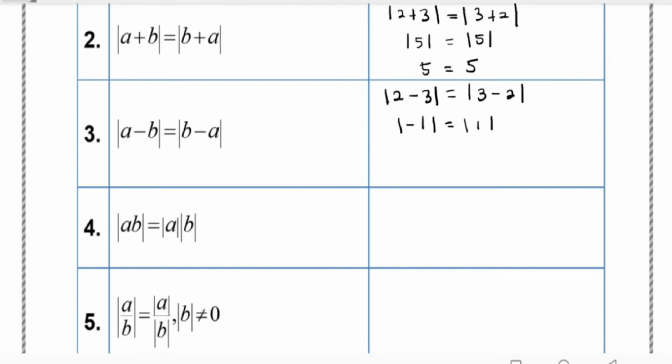So absolute value of -1 is 1 and absolute value of 1 is also 1.